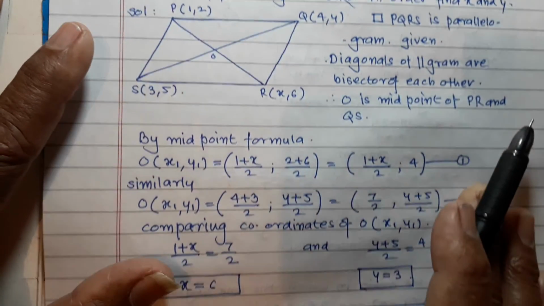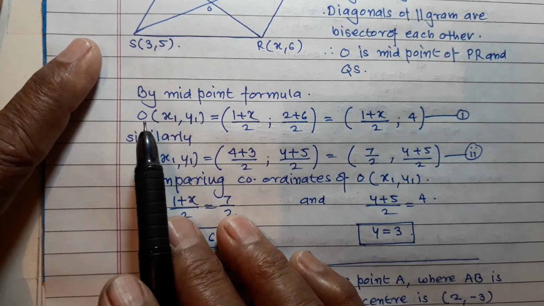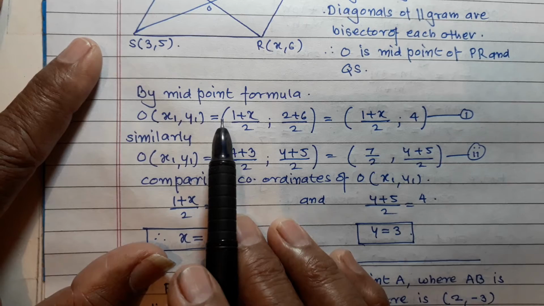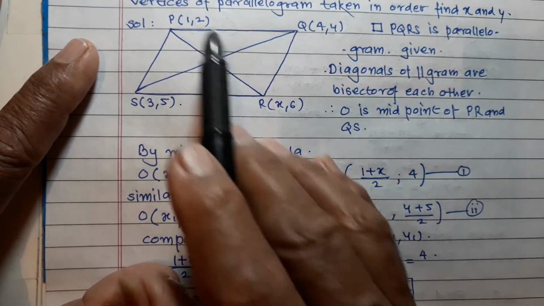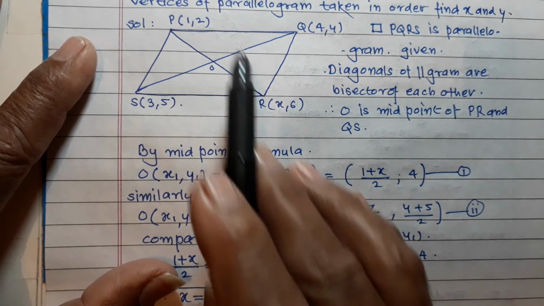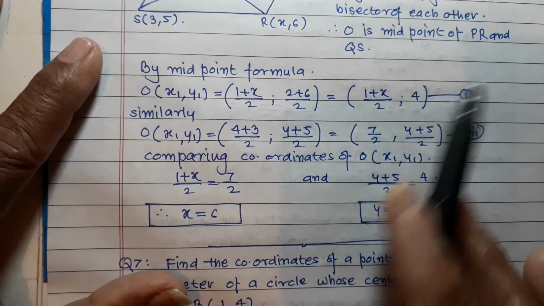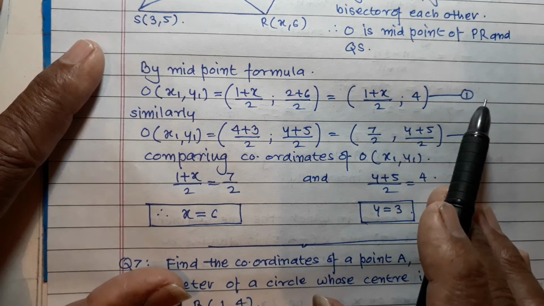And now by the midpoint formula, O (x1, y1) is equal to (1 plus x upon 2, 2 plus 6 upon 2), which gives (1 plus x upon 2, 4).